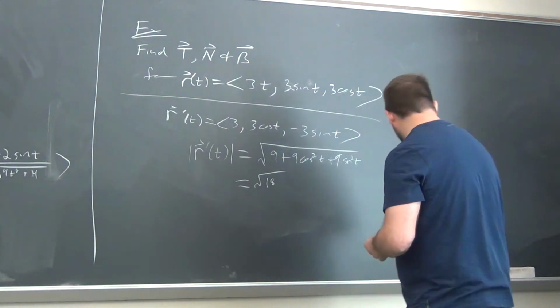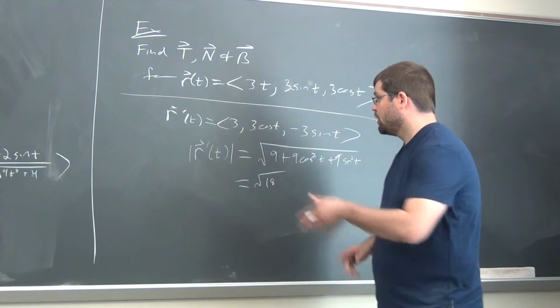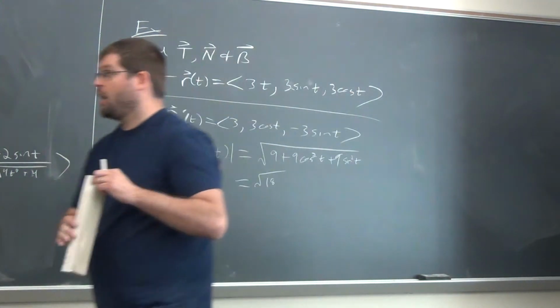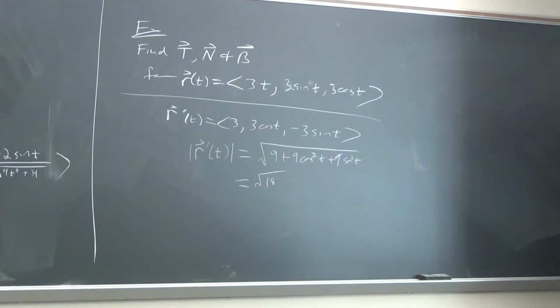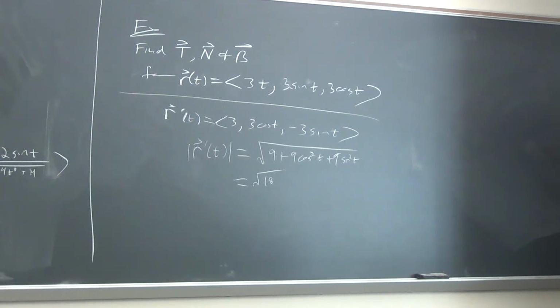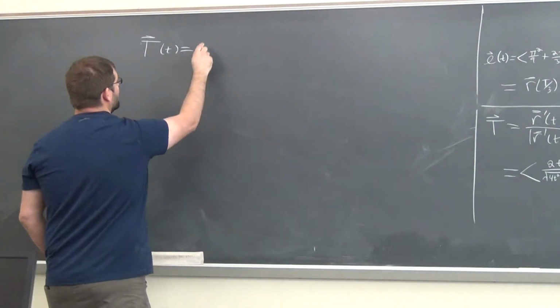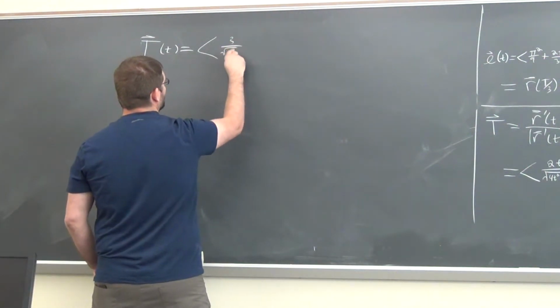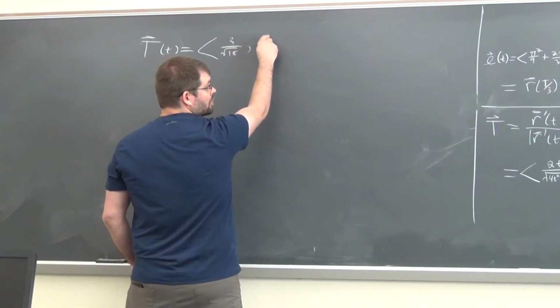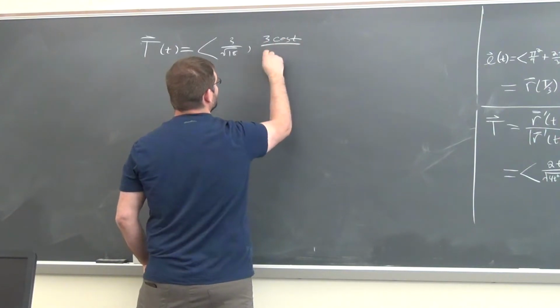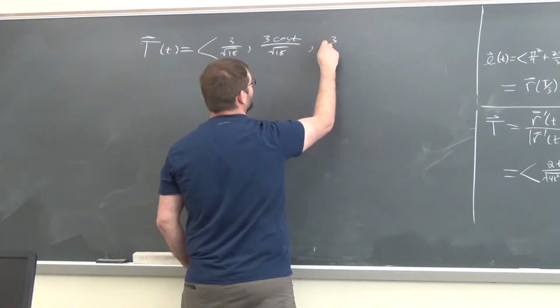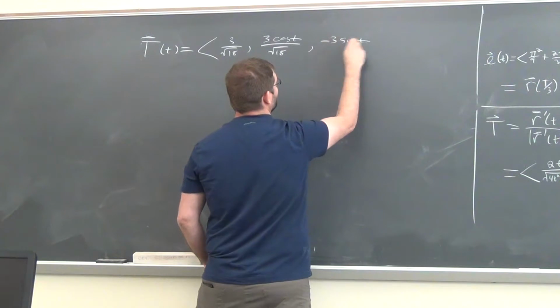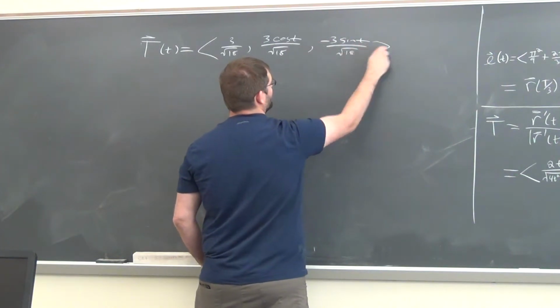And so your capital T is what? Capital T is just that divided by your square root there, right? So capital T is 3 over root 18, 3 cosine t over root 18 and minus 3 sine t over root 18, good.